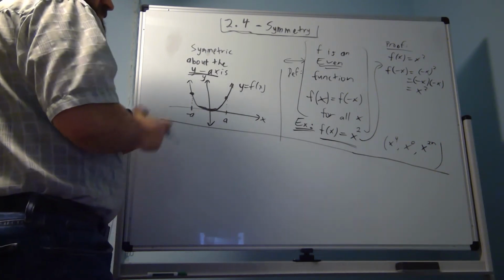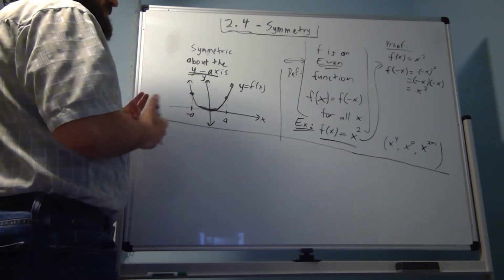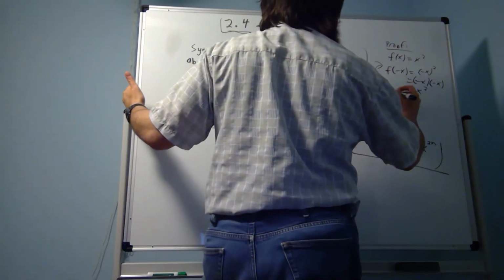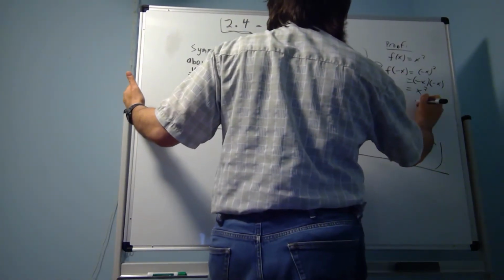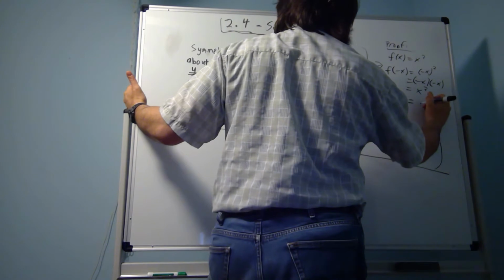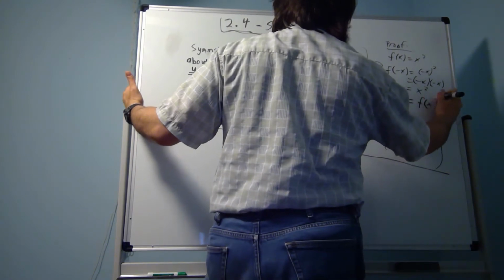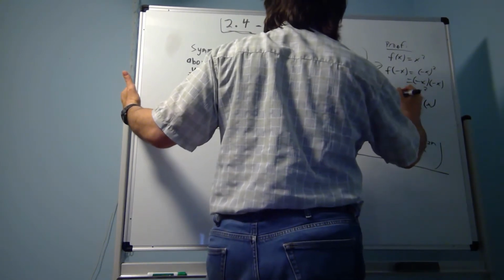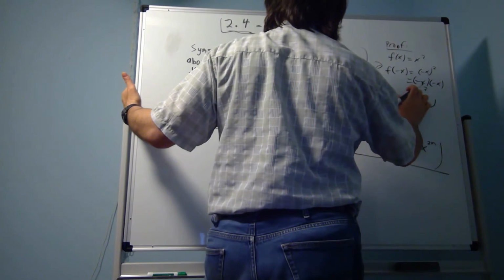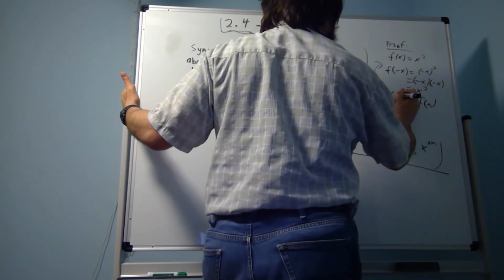Negative times negative is positive. If we had a third negative, it would be negative again, but it's not. Well, x squared is exactly the original function, and then the left-hand side, what did we start with? We just kept simplifying it.